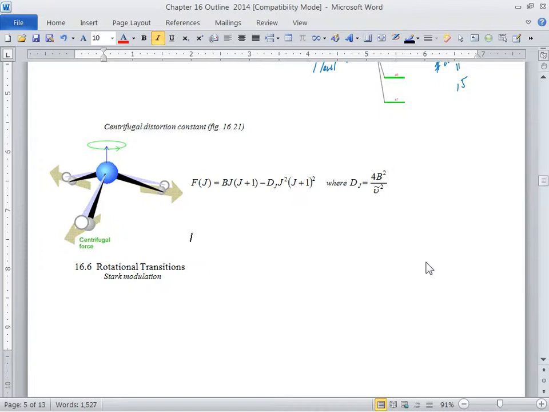The direction of the arrows going out. Well, what is it trying to illustrate? What's this green arrow trying to show you? It's spinning, going around and around. So these little atoms on the end, they want to go out. So there's nothing wrong with the arrows, right? That makes sense. The problem is this.